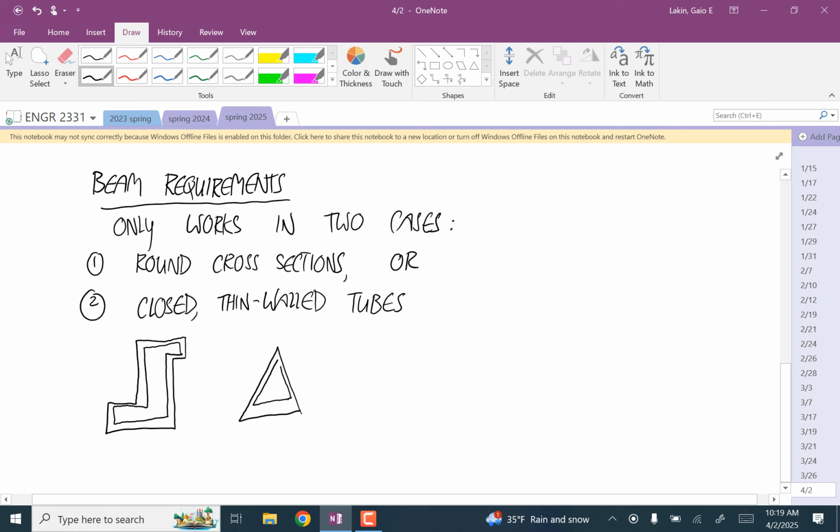That wall isn't very thin, but I'm trying to emphasize that the walls don't even have to all have the same thickness. It could be that. But what it can't be is this, because it's not closed.